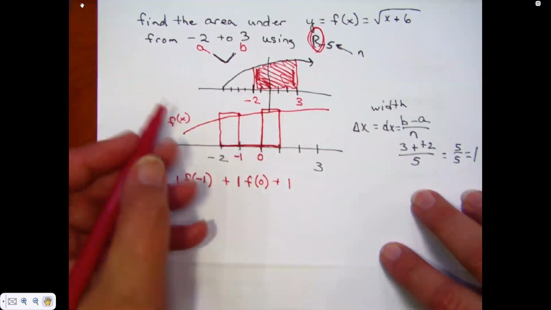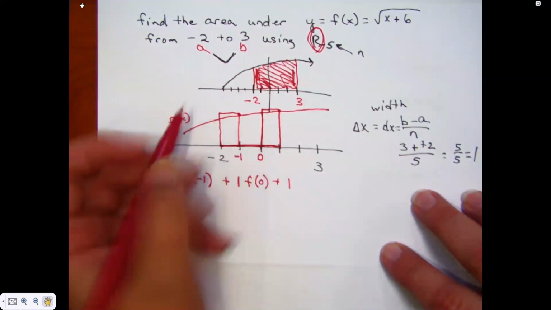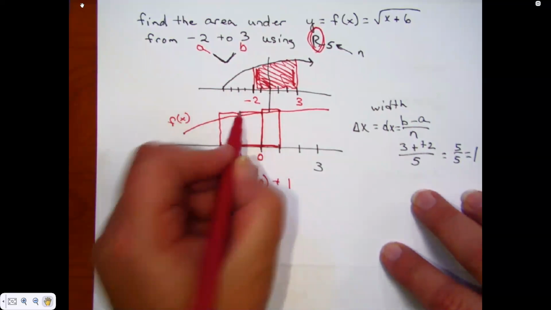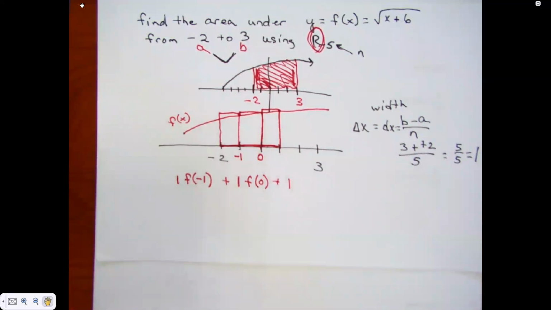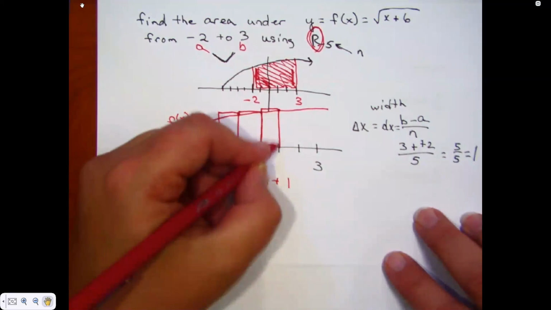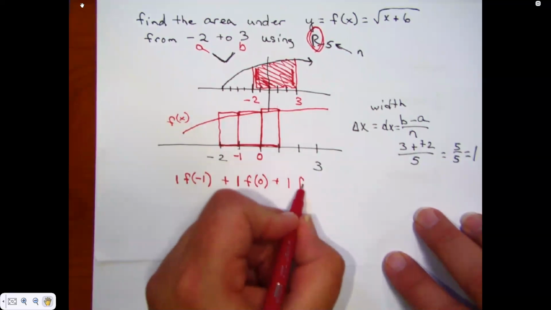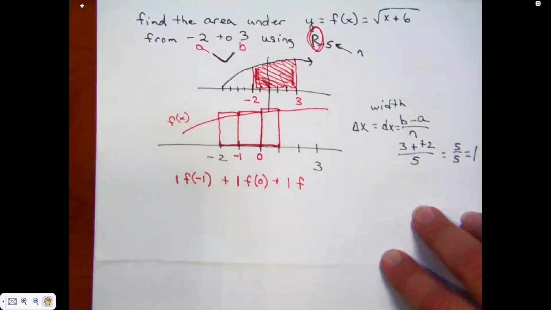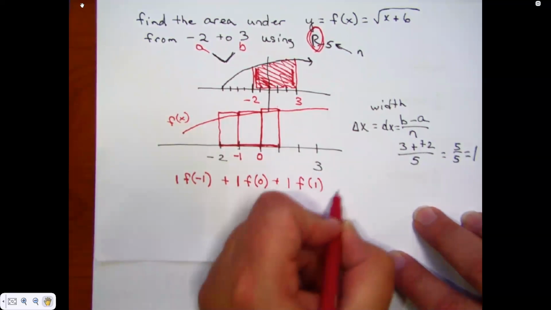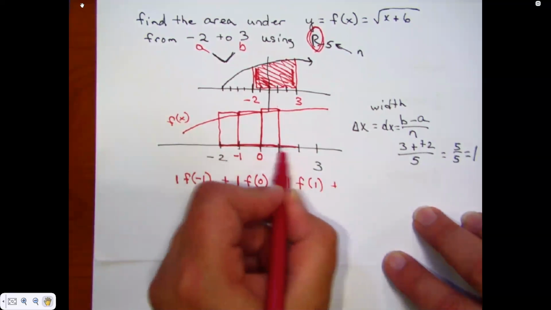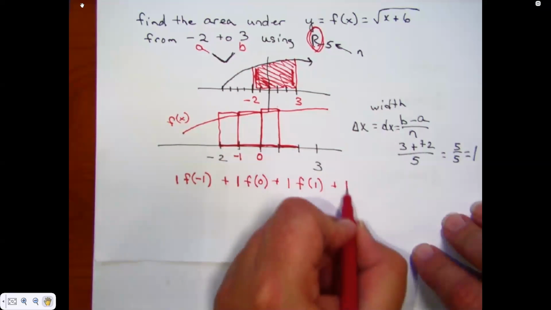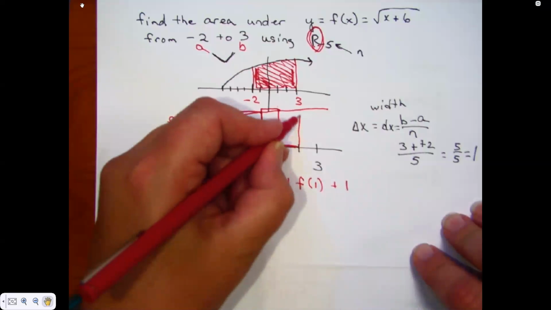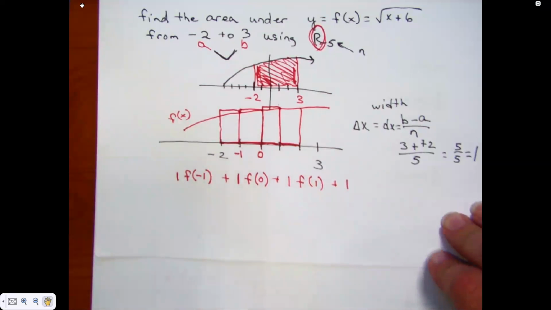And so that is, maybe I didn't connect this. All right, so where is that height? When the x value is 1. Now we just keep going. Width is 1. Height is the y value when x is 2.